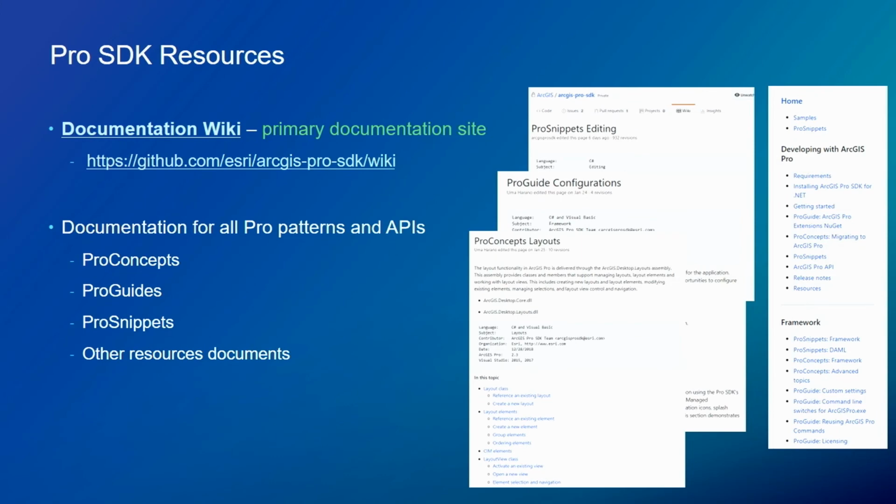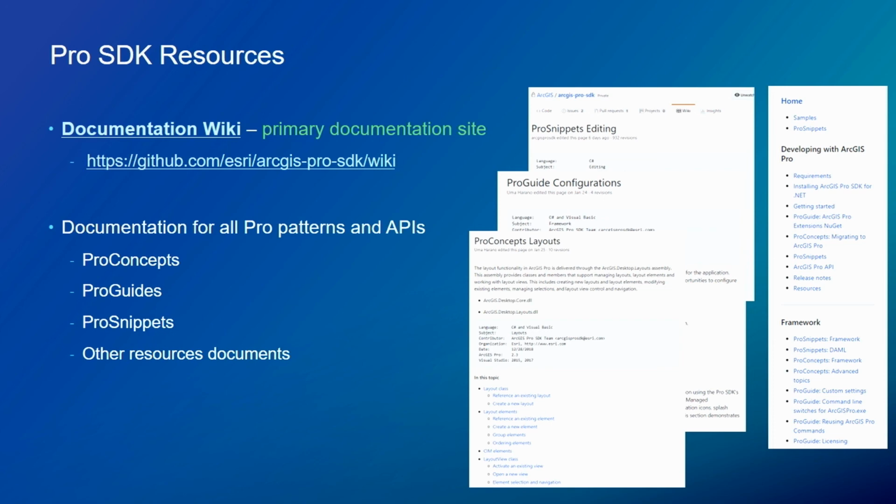The documentation wiki is on GitHub. So this provides you access to all of the documentation on the Pro patterns and APIs that we mentioned here today. Do check out, again, all of the different items here, the Pro concepts, the Pro guides, which are very nice, easy to follow walkthroughs of the capabilities and step-by-step ways to actually use and follow these tutorials.